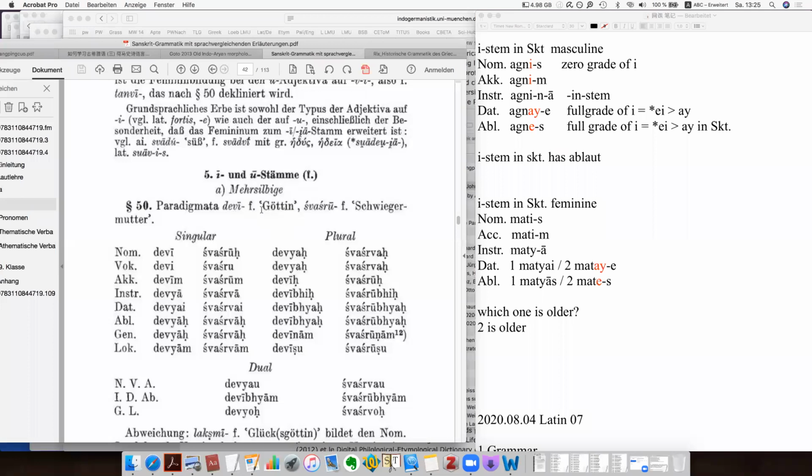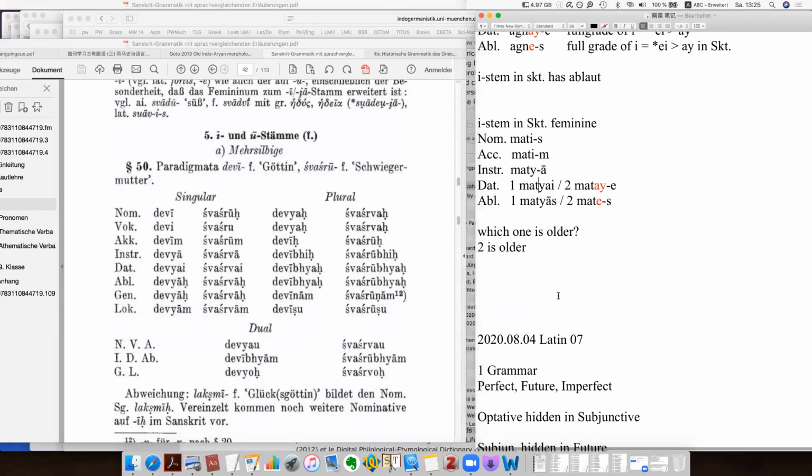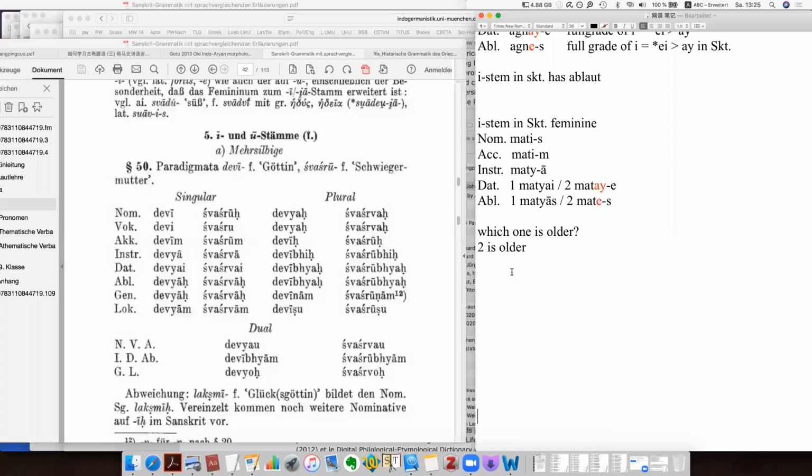Like this word, Devi, Göttin, so goddess, right? And you can see for the E stem, Sanskrit, we'll take an example of Devi, right?